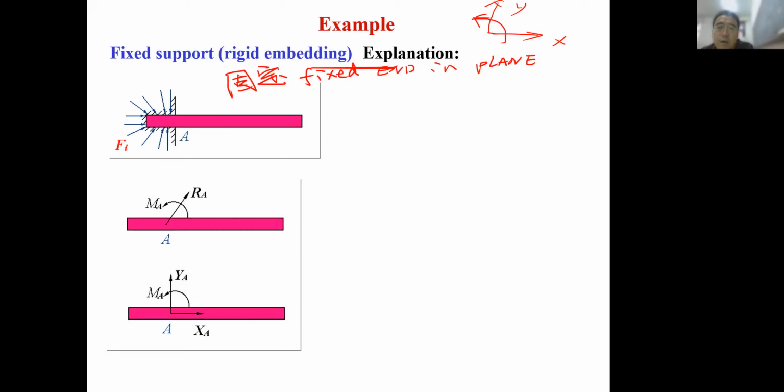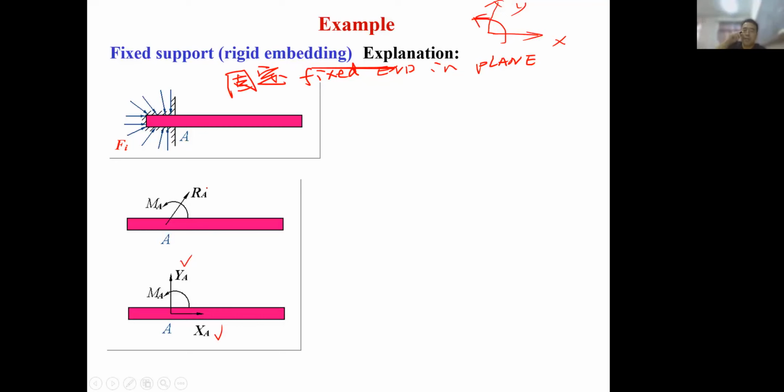If it is fixed at some point, all three possible movements are prevented. So we give the reaction forces XA, YA, and the constrained moment MA. Each reaction prevents one kind of movement from happening. That's what we have learned.